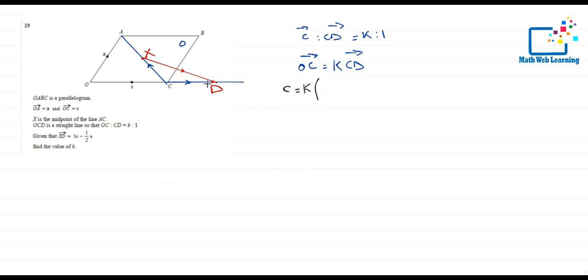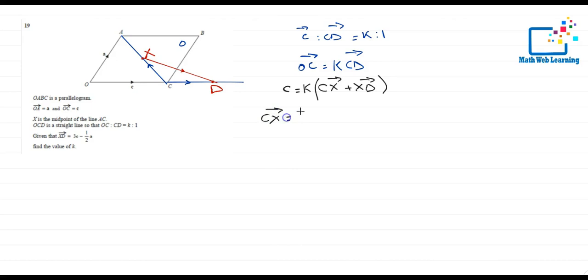Now CD, we need to express it in terms of C to X and X to D. So to get from C to D, you go C to X and then X to D. And you can see C to X is half C to A, because the point X, we've been told, is the midpoint of A to C. So let's write down that relationship.